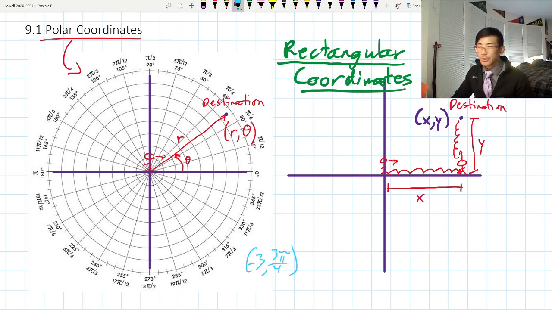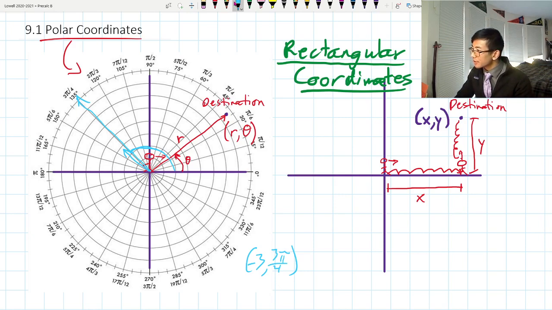I always do the angle first. 2 pi over 4 would be pi over 2, and so 3 pi over 4 would be all the way over here. It's notated for us. And I'm going to go forward in that direction negative 3 units, so that actually means backwards. And so we've gone there, so that means we're on this ray going that way. But again, negative 3 would be going down this way.